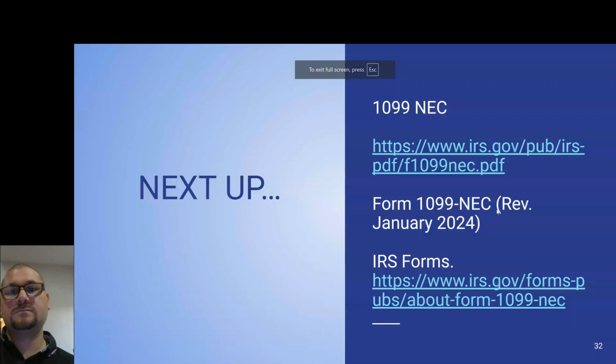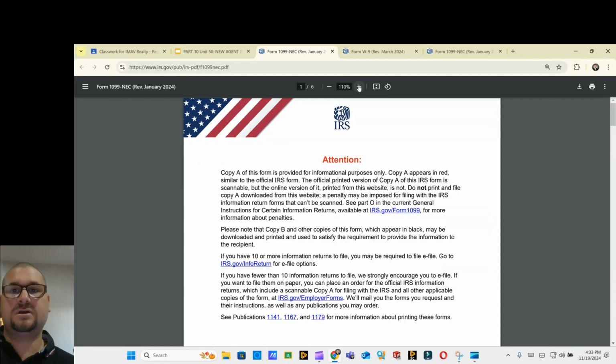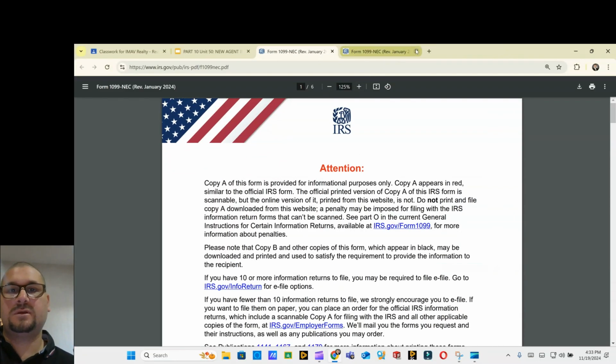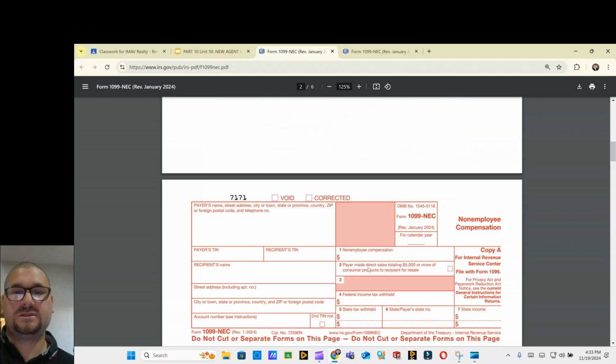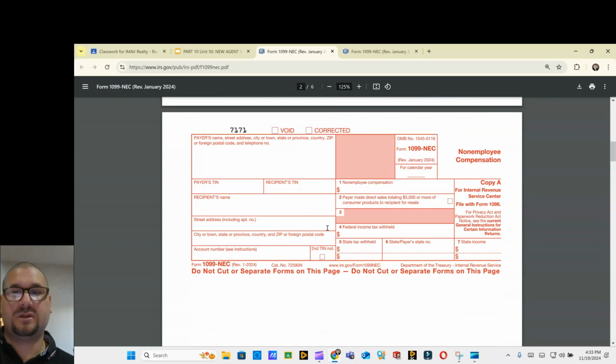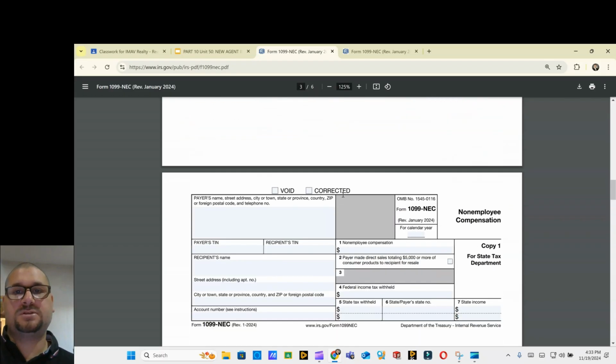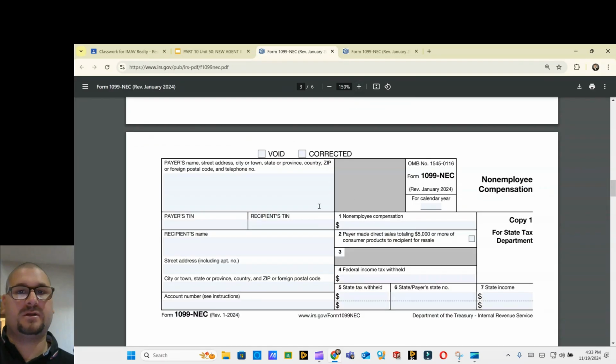Okay, let's go over the 1099-NEC. This is just, they've updated it. They've included this red thing. You don't need to do that. So here you're going to get this document right here.